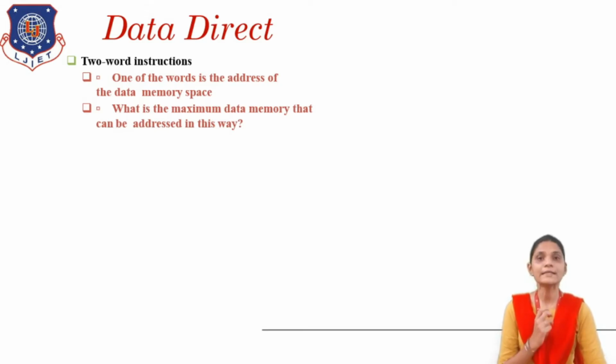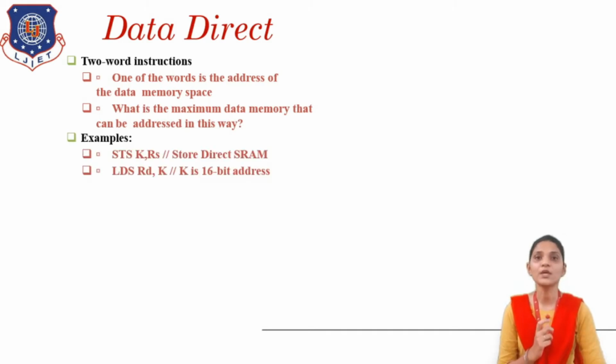So in this data direct addressing mode we have two words in the instruction. The first word is the operation code and the second word is the direct address of your memory location. You will also have some register where you want to store your data. For example, this is like STS k comma Rs, or you can use LDS Rd comma k.